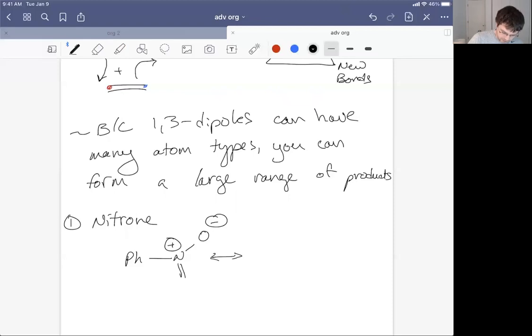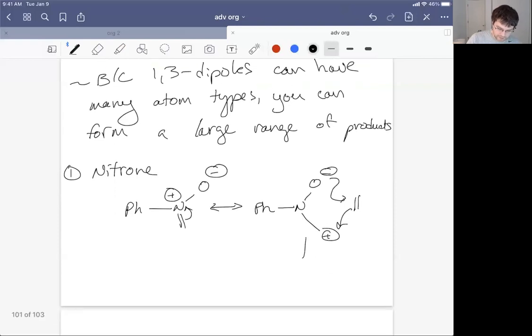But we can consider a resonance structure that allows us to more easily see, at least compared to the previous example, where the plus minus are that will add to an alkene. And the reaction looks like this. We get our 5-membered ring now with a nitrogen oxygen bond. So we have one carbon from our dipole that's being added, and it's always good to make carbon-carbon bonds.